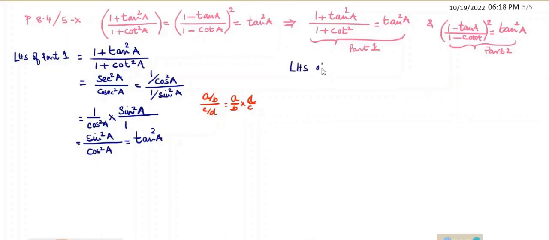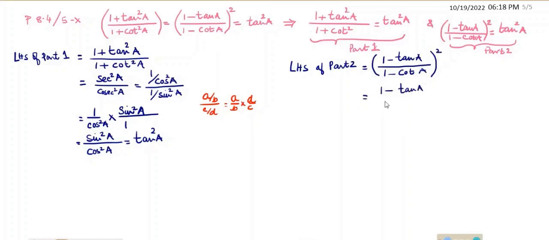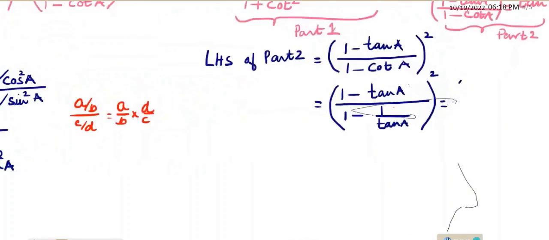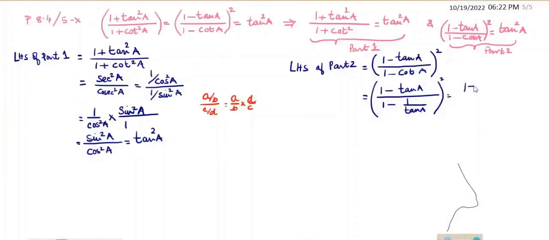We will now prove that second part is equal to third part. 1 minus tan A divided by 1 minus cot A, whole square. We will substitute 1 over tan A in place of cot A and the denominator is the subtraction of fractions.